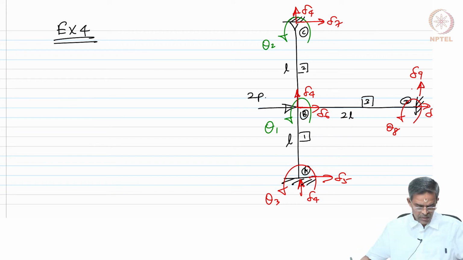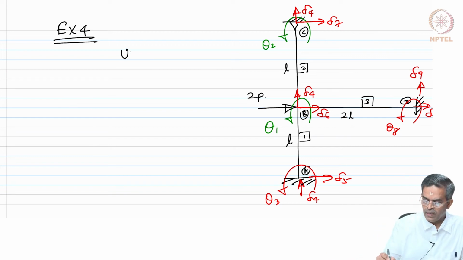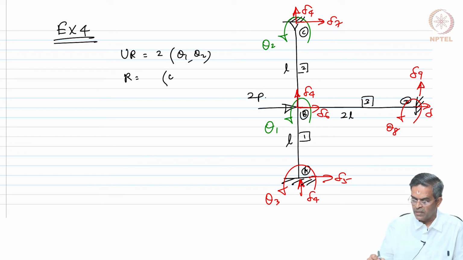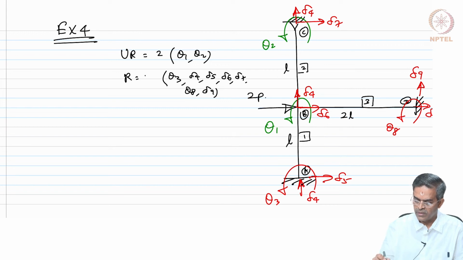So, I have 9 degrees of freedom. The unrestrained degrees of freedom are 2, which is theta 1 and theta 2. The restrained degrees of freedom are theta 3, del 4, 5, 6, 7, theta 8 and del 9, which is 7.